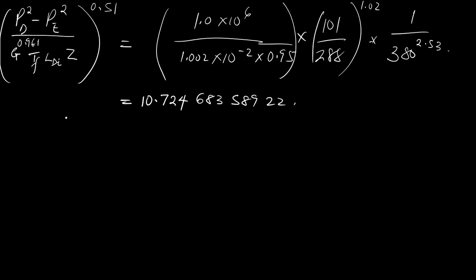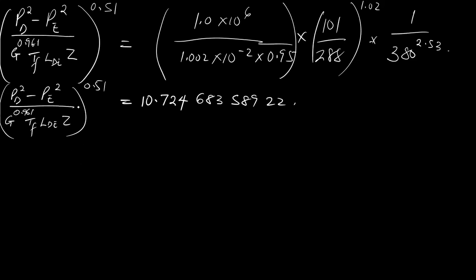So this is what we have. That means PD square minus PE square divided by G raised to power 0.961, TF LDE Z, raised to power 0.51 is equal to 10.724.